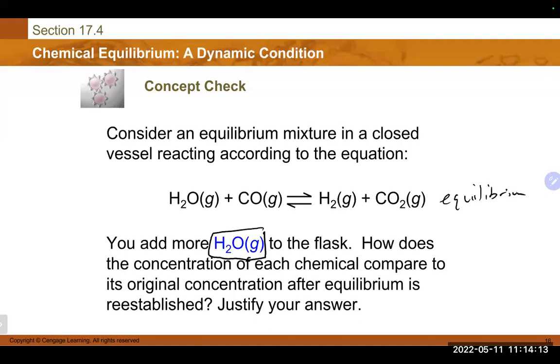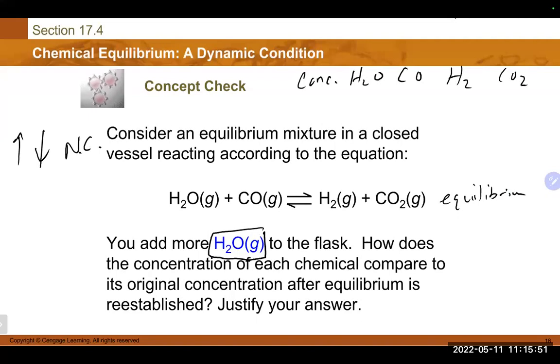What is going to happen to the concentration of H2O, CO, H2, and CO2? Will they go up? Will they go down? Will there be no change? Take a second there and see what you think.